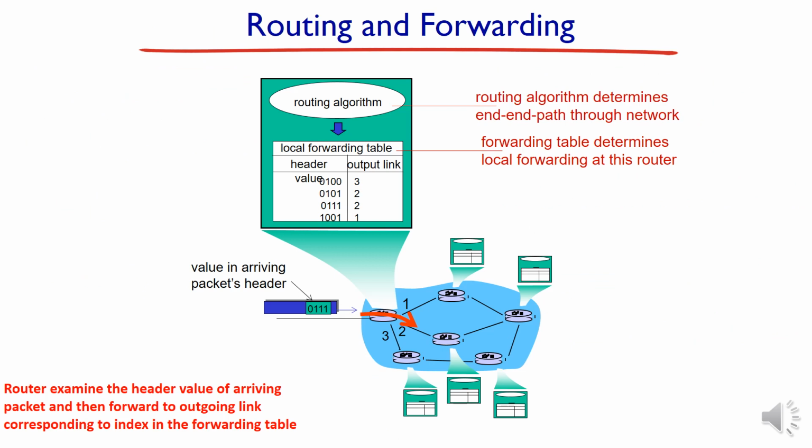As we said in the previous slide, there will be a forwarding table at each router, and a router forwards a packet by examining the value of a field in the arriving packet's header.